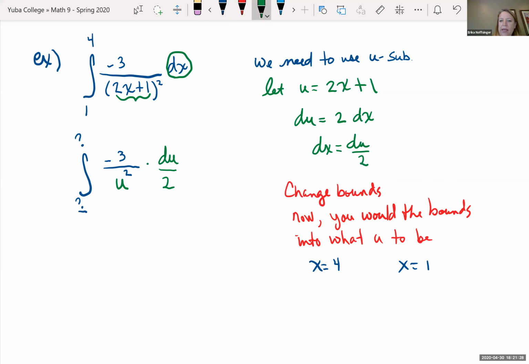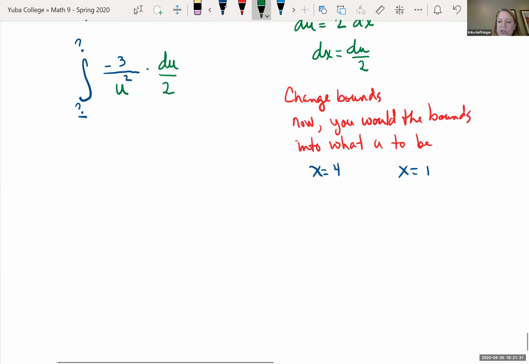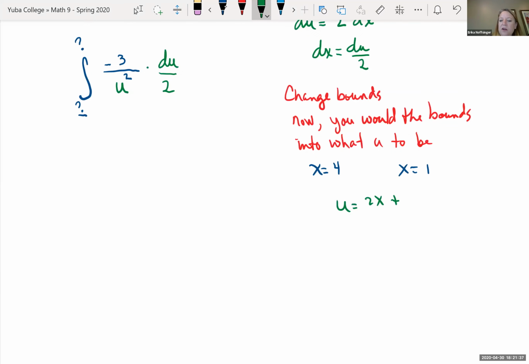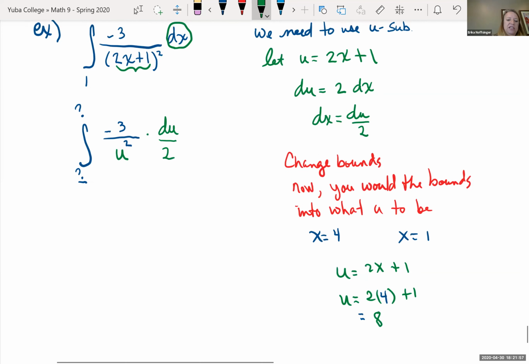What would u be in that case? Well, we chose u to equal 2x plus 1. So u would be 2 times 4 plus 1, which would give me 8. So when x was 4, which was my top bound, we're now going to use 8.